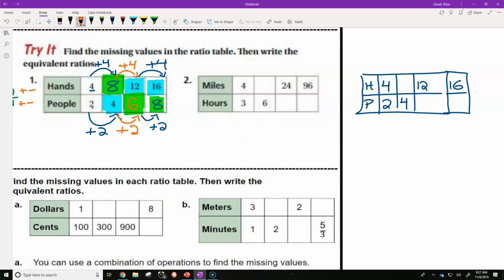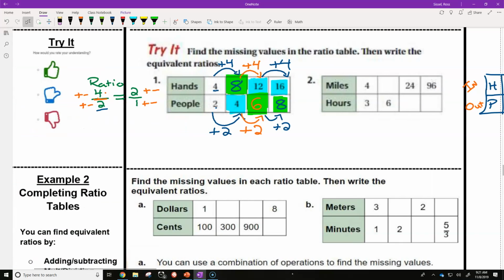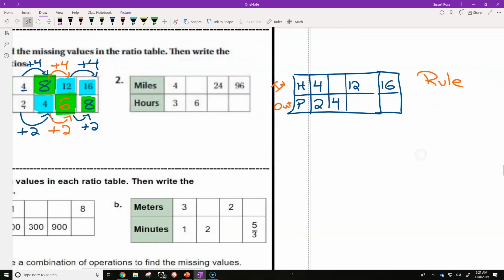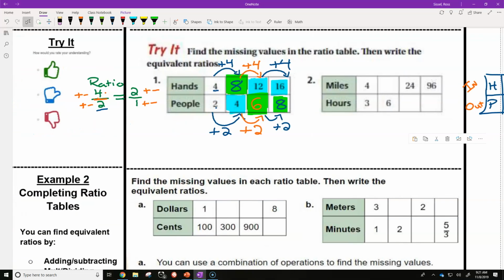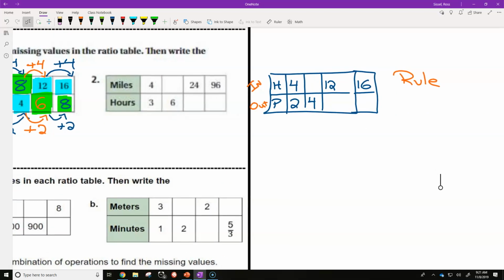If we do a rule, that means this is the input, this is the output. I put 4 in, and I either multiply or divide. What are you doing, computer? Sit. Stay.